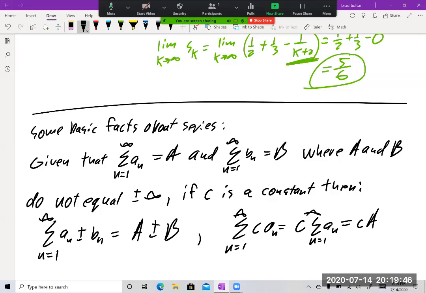And I need you to understand there's an embedded idea here. They're telling you that this one equals A and this one equals B. That means they're already convergent. They're telling you how much they add up to, whether A is 75 and B is 20. So you're only allowed to do this because they're convergent to some value. If C is a constant, then this happens.